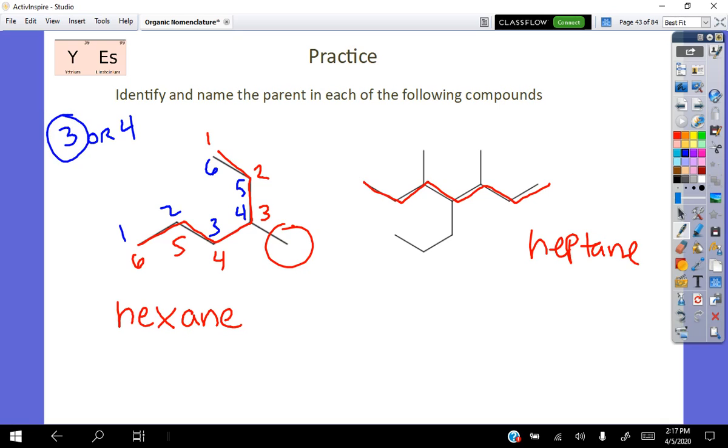So numbering in red that goes down this way is the best numbering system from top to bottom. Now I have to name my branch. This is a 1-carbon branch, which means it is a methyl group. And that methyl group pops up on the 3rd carbon. If I put that together with my name, I get 3-methylhexane as the systematic name for this compound.